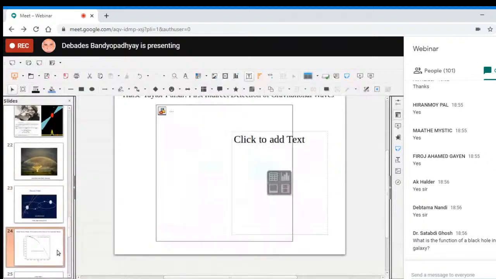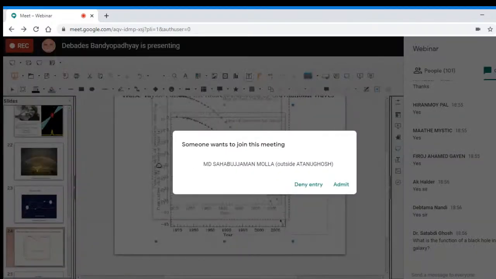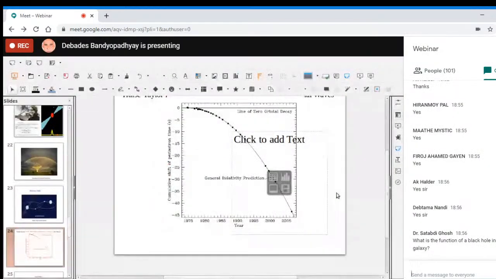So you can see here, what is shown is the cumulative shift of periastron as a function of year. All these dotted points are the observed points, and the line you are seeing here is the prediction of Einstein's general theory of relativity.